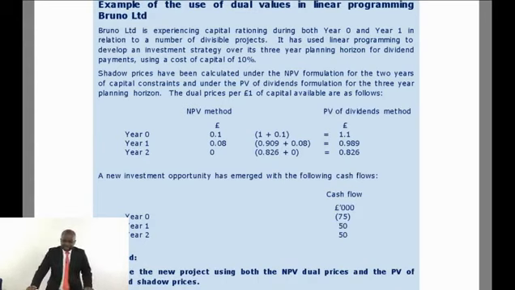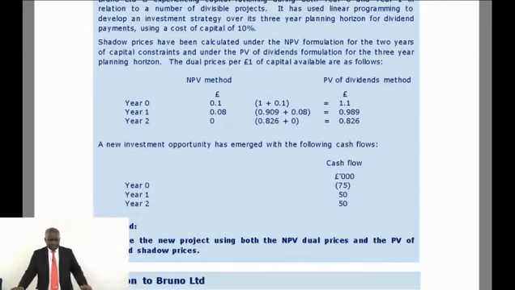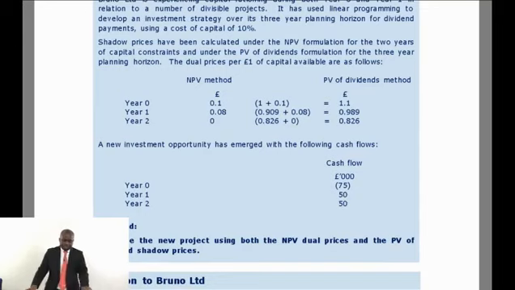Shadow prices have been calculated under the NPV formulation for the 2 years of capital constraint and under the PV of dividend formulation for the 3-year planning horizon. The dual prices per £1 of the capital available are as follows: NPV method, PV of dividend method, year 0 up to year 4. A new investment opportunity has emerged with the following cash flows, year 0, 1, and 2.